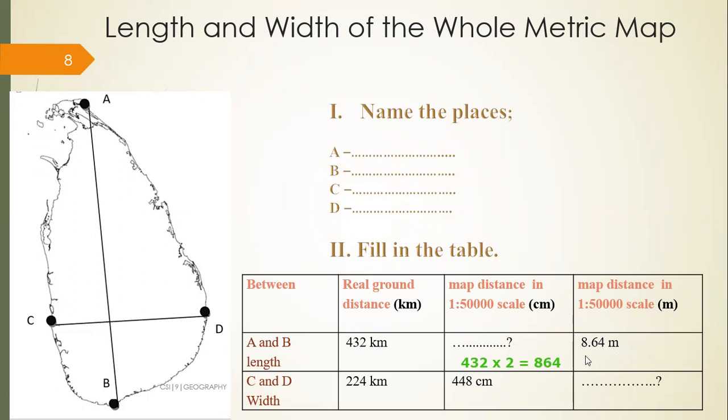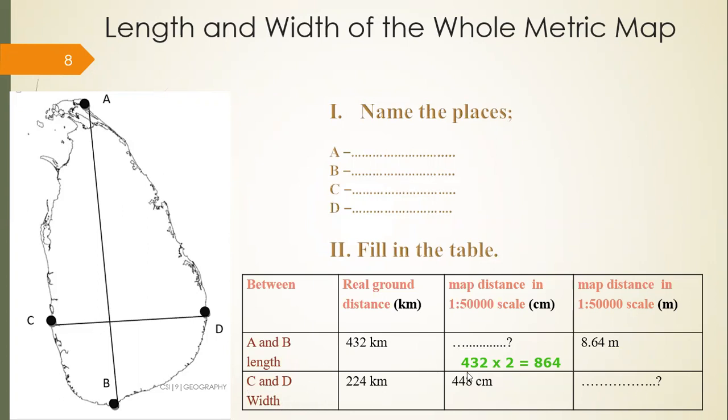Then the length of the whole map of Sri Lanka, if you make it in 1 to 50,000 scale, is 8.64 meters. It's a large map. It will cover a large area of our building if we lay down the whole map on the ground. 8 meters, over 8 meters.